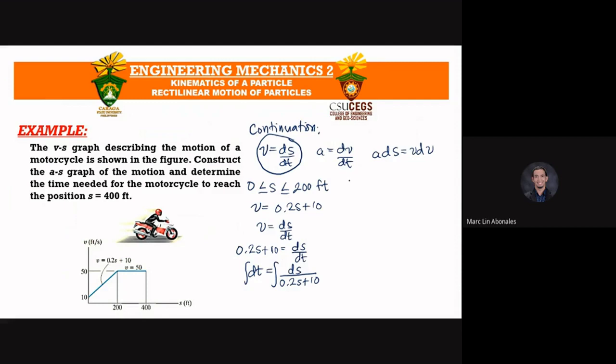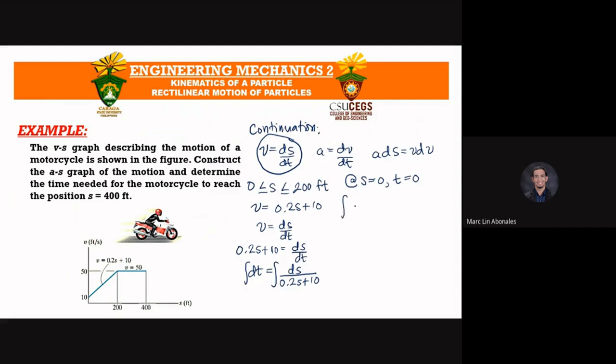Since it's based on the problem or the graph, it starts from 0, so that will be its initial position, and the time will also be equal to 0. So we will use that to represent the lower limit.